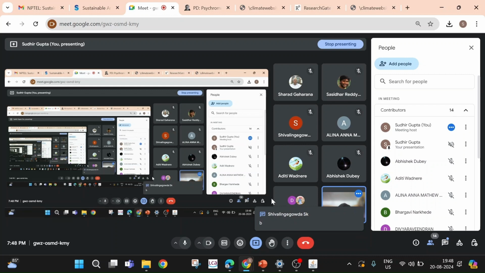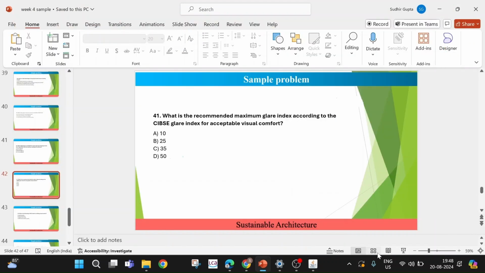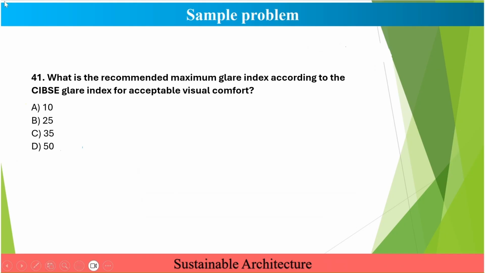B. B is the right answer for this particular question. That is, a maximum glare index of 25 according to the CIBSE glare index is recommended for acceptable visual comfort levels. I don't think much explanation is needed for this one. So let's move to the next question, question number 42.